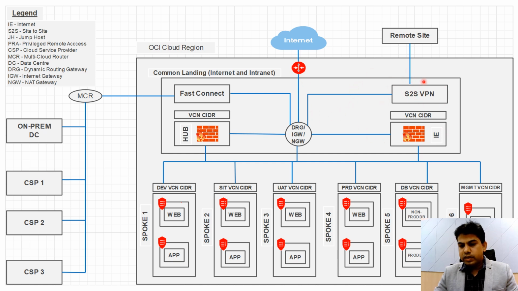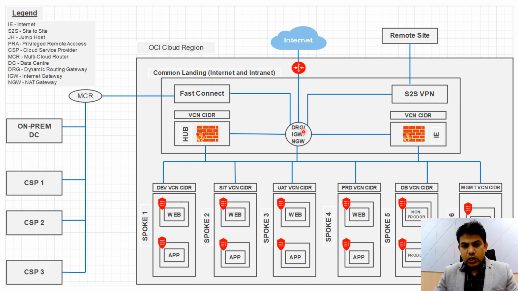One is a site-to-site VPN, another one is FastConnect. With FastConnect, we can leverage the services from Oracle partners, be it Megaport or Equinix. That can be used to have connectivity with various CSPs, let's say AWS, Azure, GCP, and on-prem.